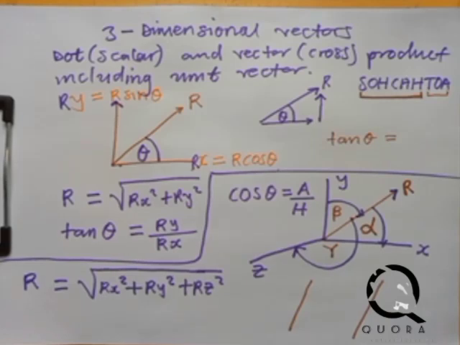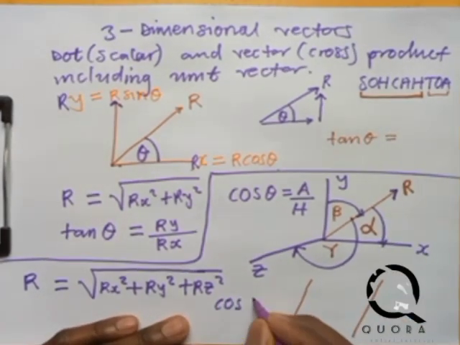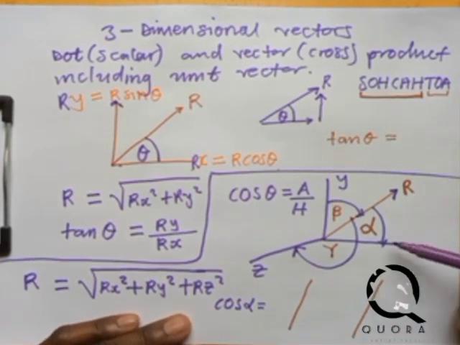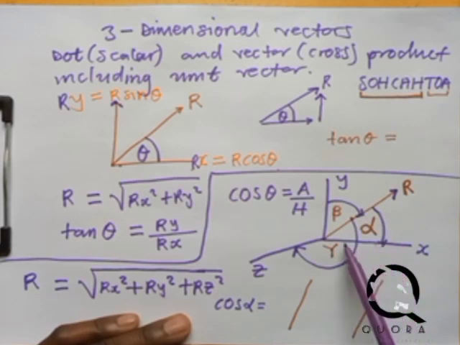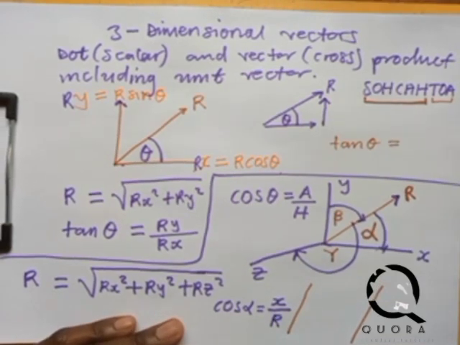So the angles for three-dimensional vectors, we find them like this. You just say cos. If you start from alpha, what component are we going to use to find the angle? It must be the x component. This is going to be put on top, x over the magnitude of the resultant.